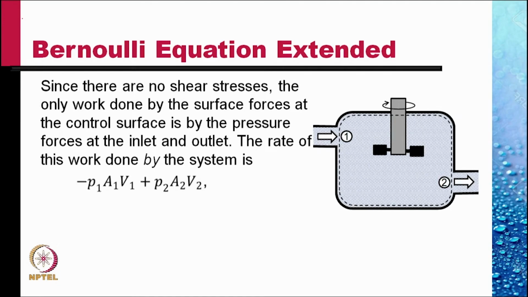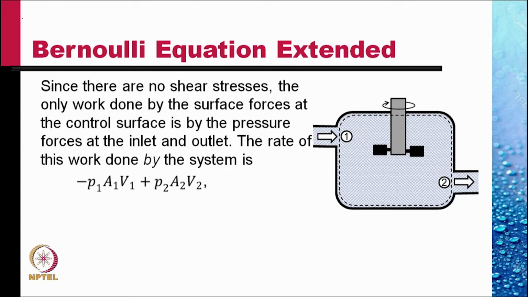Since there are no shear stresses, the only work done by the surface forces at the control surface is by the pressure forces at the inlet and outlet. And as we showed in the last lecture, the rate of this work done by the system is minus P1 A1 V1 plus P2 A2 V2.